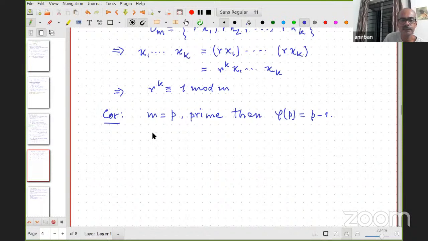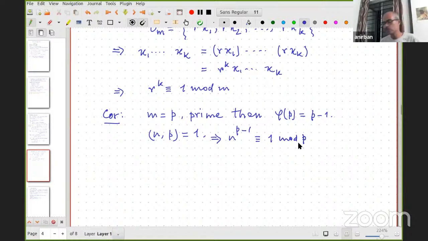And then if you take anything which is co-prime to p, that represents an invertible element, and this theorem would imply that n to the p minus 1 is 1 modulo p. That's again very useful in various ways. So we would also see uses of this.